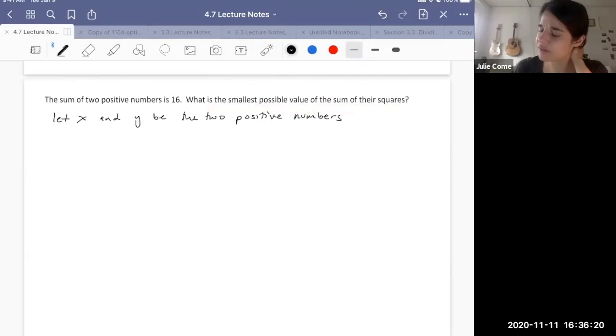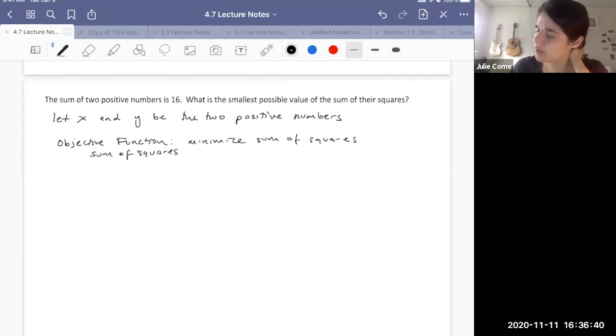So our objective function, the sum of squares function, is what we want to minimize. You can call this function whatever you want. Maybe I'll call it S.